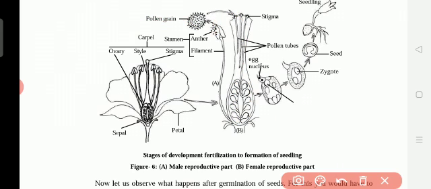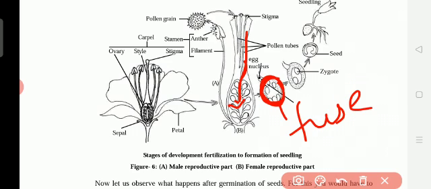When the pollen grain comes to meet the egg, these two have a nucleus. When these two meet and fuse, meaning meeting and mixing, it is called fertilization. After meeting, it is called a zygote. After that meeting only, it will form a seed.